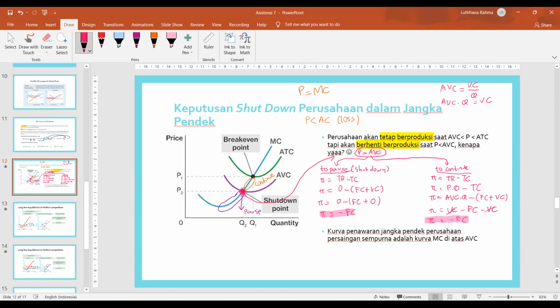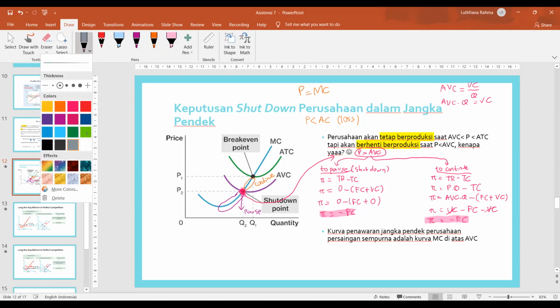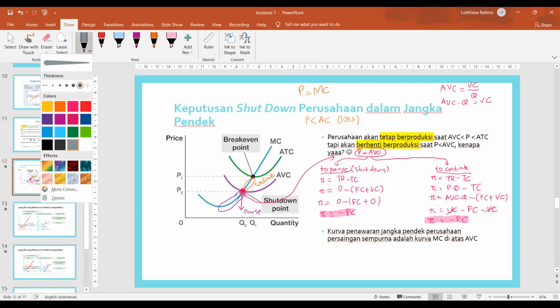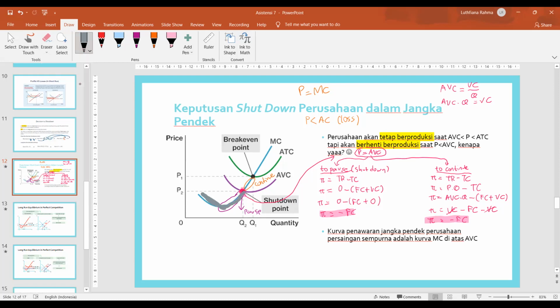Okay, so related to the explanation, it means that there will be no production starting from here. Starting from this point to another price, there will be no production. No production below the average cost.